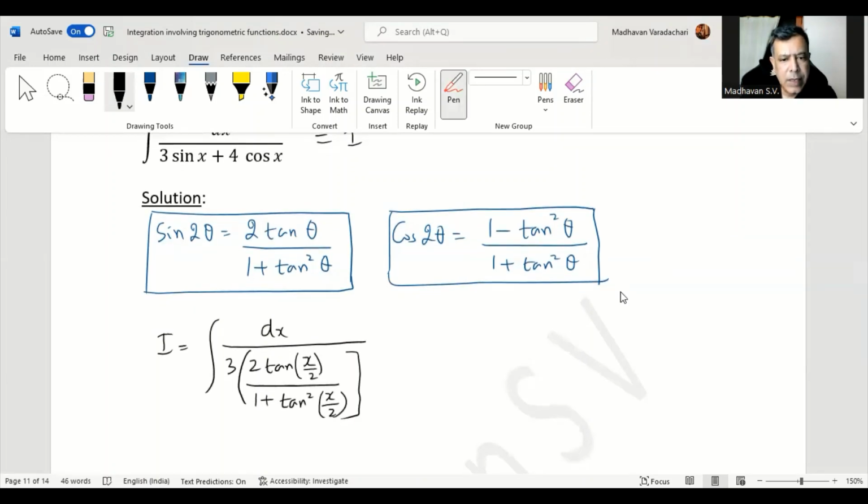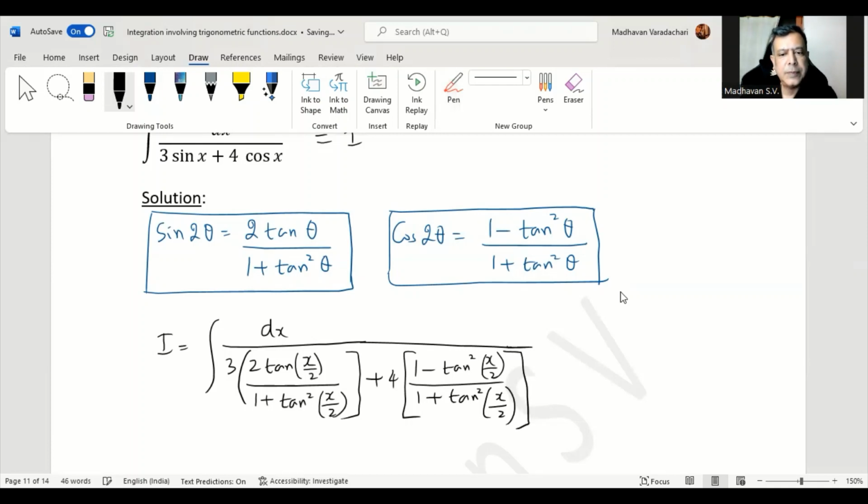And then plus 4 times cos x, which will become 1 minus tan square of x by 2 divided by 1 plus tan square of x by 2. Close the brackets.